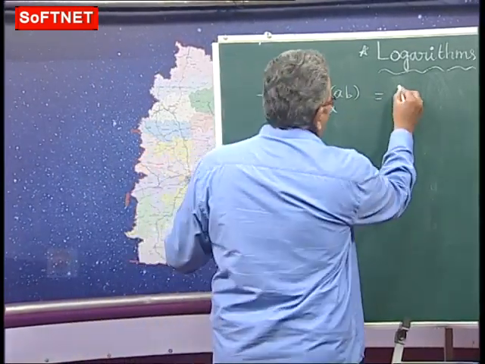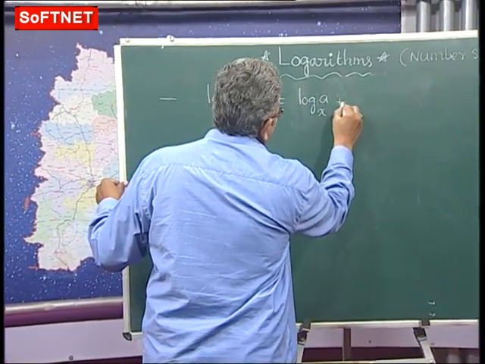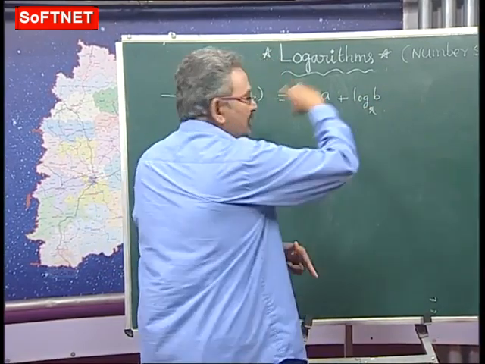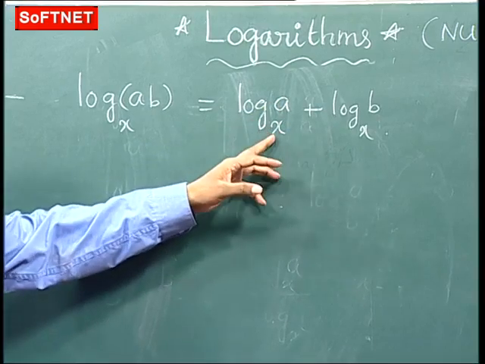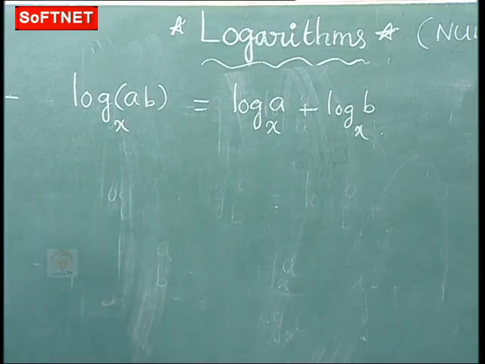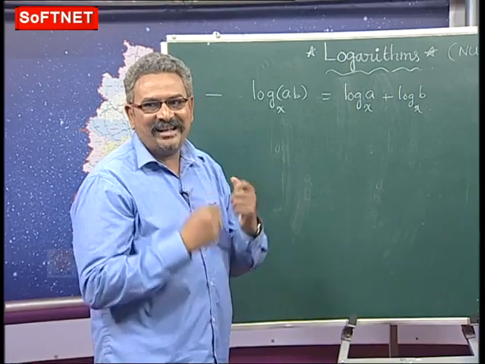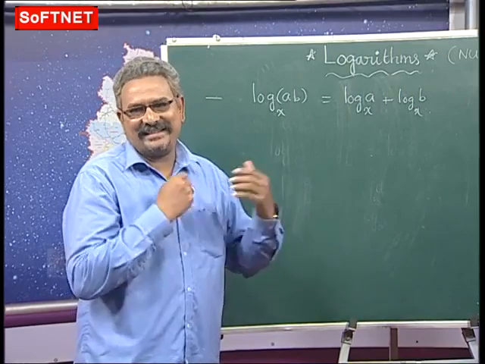Here we get log a to the base x plus log b to the base x. Its converse is also true. Whenever log a to the base x plus log b to the base x is there, that can be written as a single logarithm, that is, log ab to the base x.